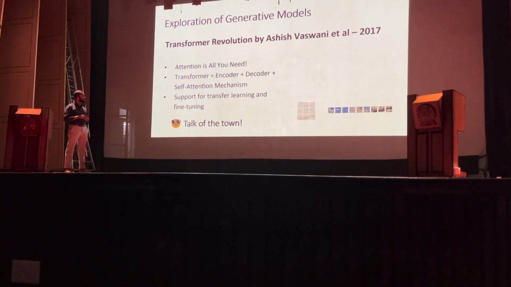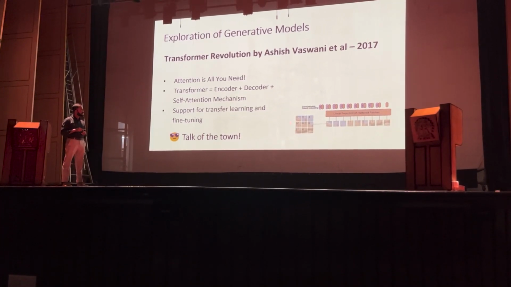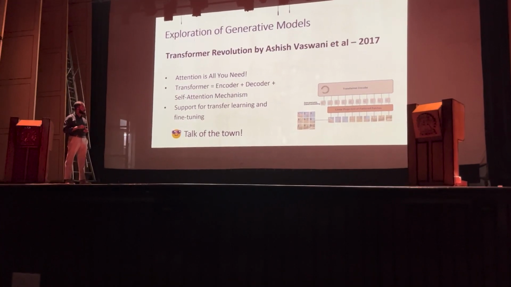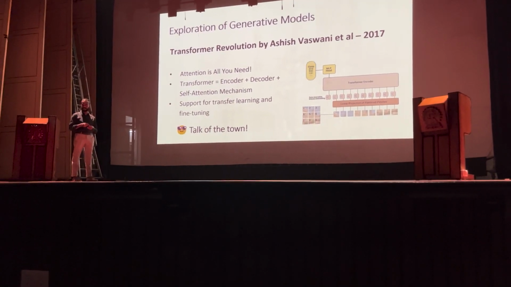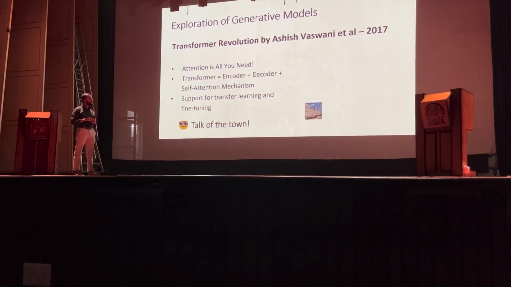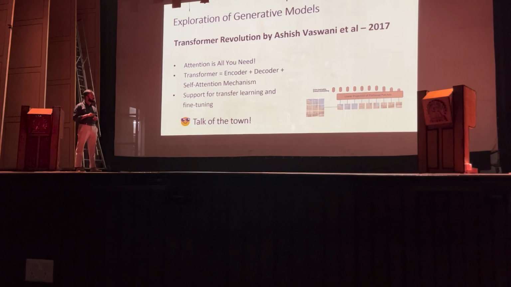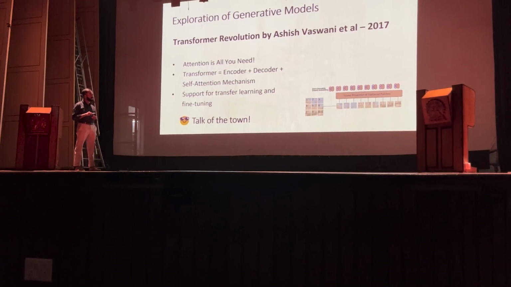So we'll have a look at it from a vision point of view. There is an image, and what you do is you divide this image into multiple patches, right? And then you have patch embeddings for each of the patches that you have, right?